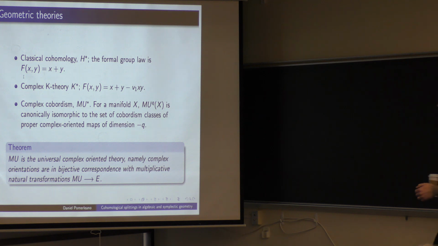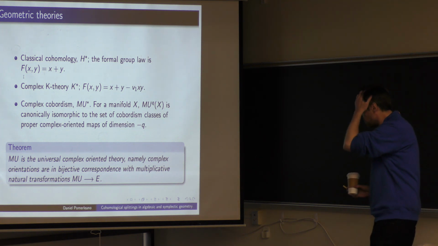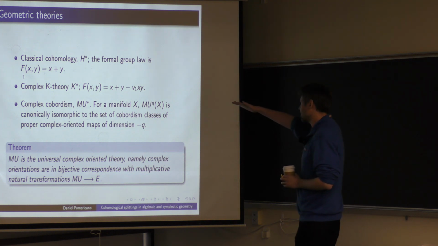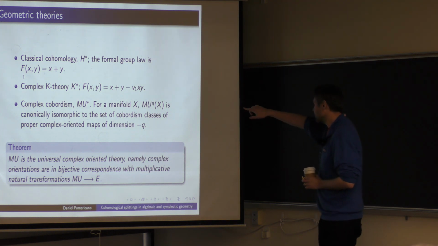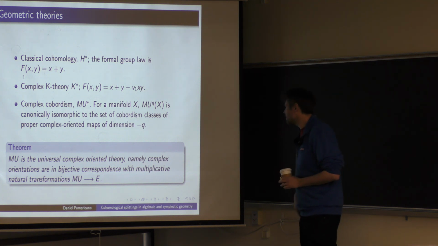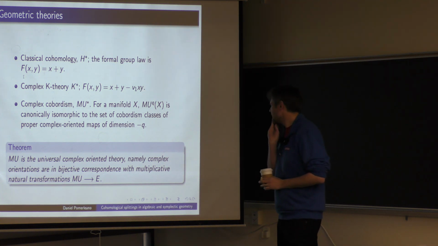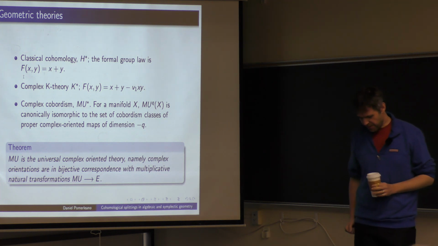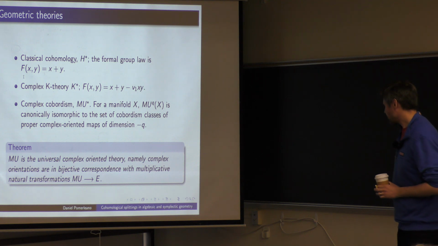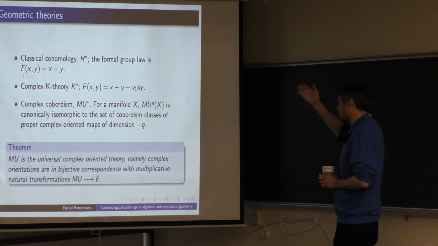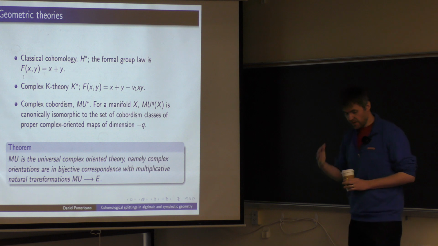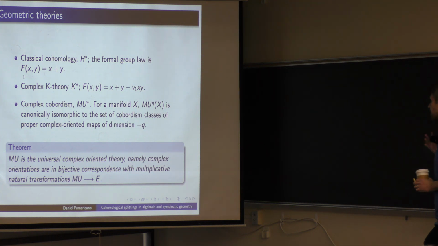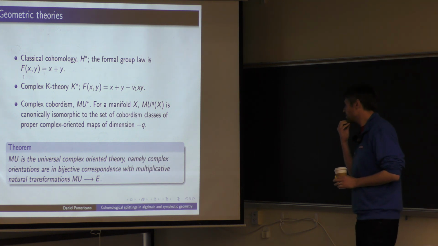In cohomology, you have the standard additive formal group. In complex K-theory, you have what's called the multiplicative group law. This v1 variable, don't worry too much about what it means for the moment; it's like a periodic variable. And complex cobordism is the universal theory. Those are probably the main complex-oriented theories that people encounter in a course in algebraic topology.